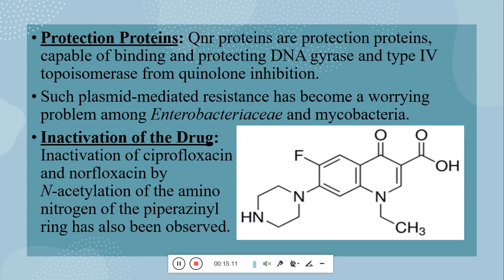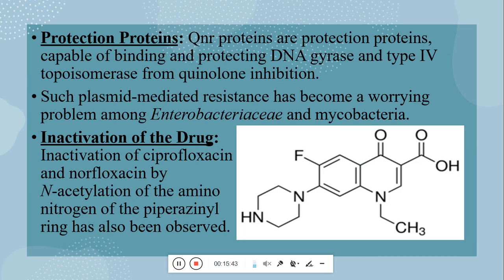Another mechanism of resistance that the bacteria have acquired is the protection proteins. QNR proteins are protection proteins that are capable of binding and protecting DNA gyrase and type 4 topoisomerase from quinolone inhibition, and this is a plasmid mediated resistance, and it has become a worrying problem among Enterobacteriaceae and Mycobacteria.